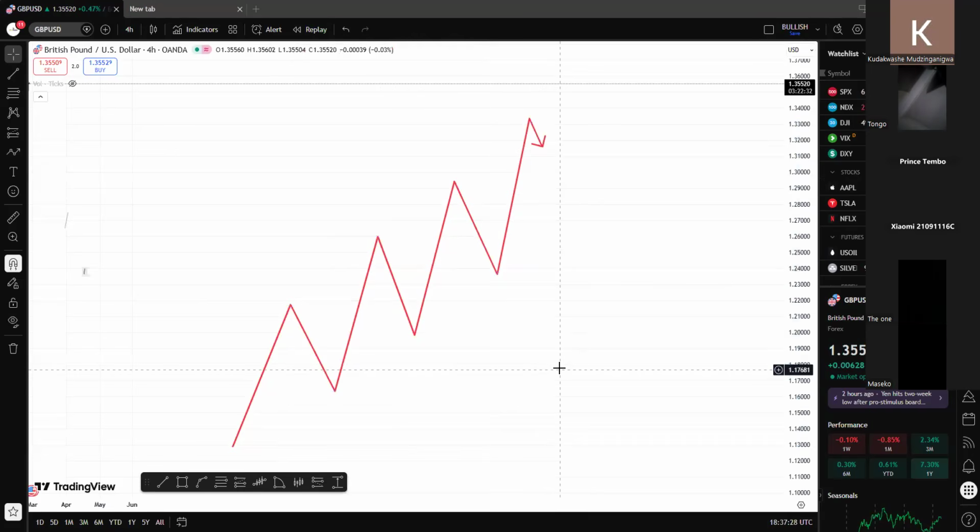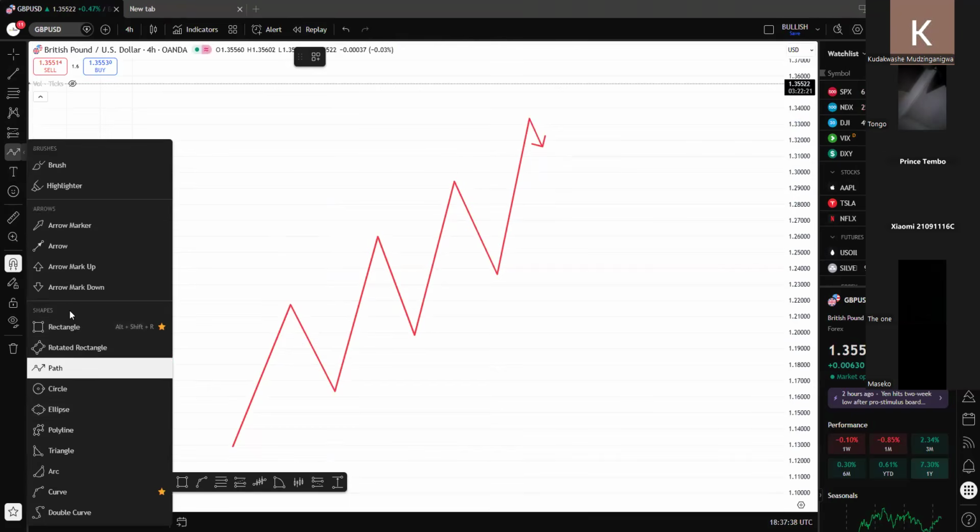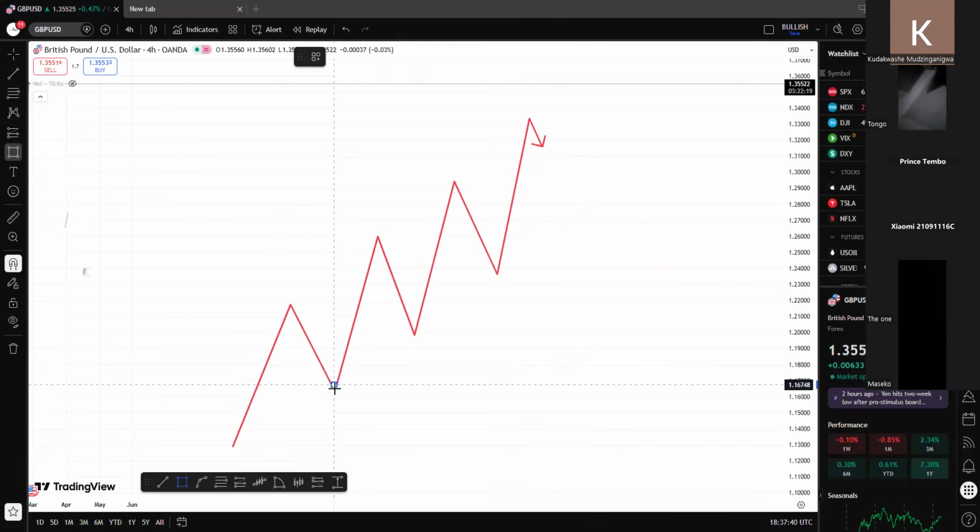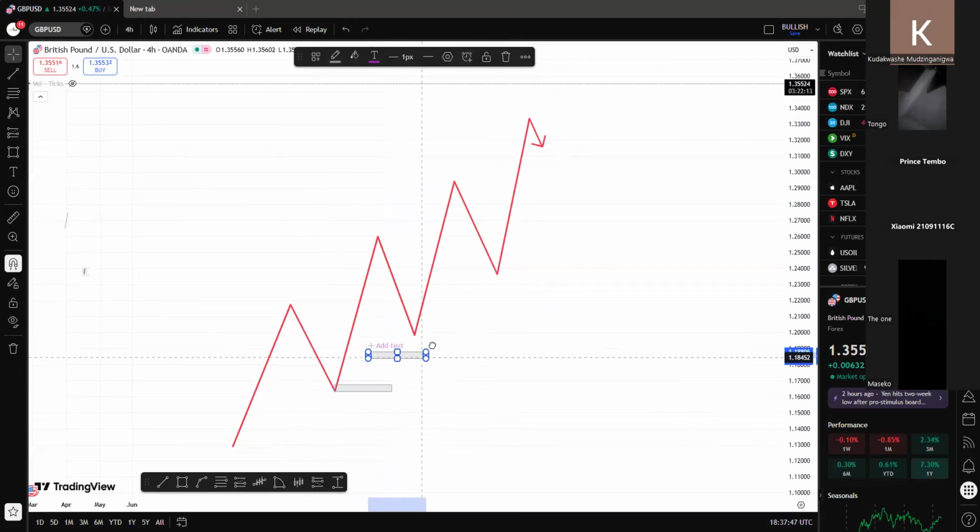Now what we want to use the Fibonacci for is to catch our trades at these points where the retracement ends, right? This is where we want to catch our trades, where our retracements end.